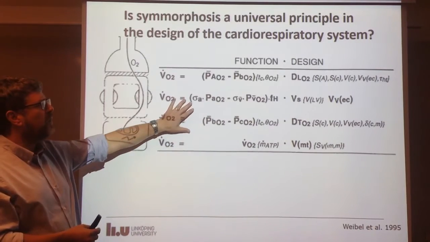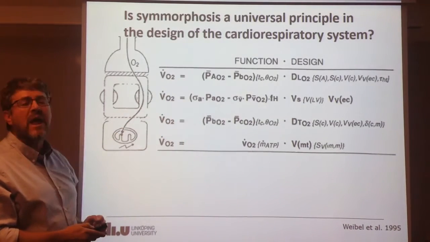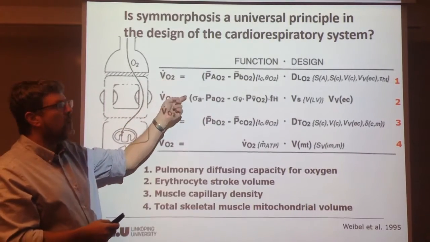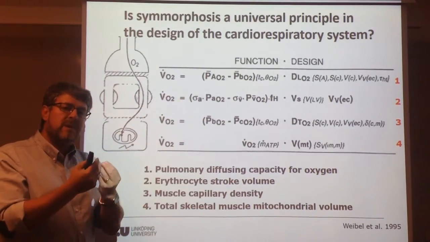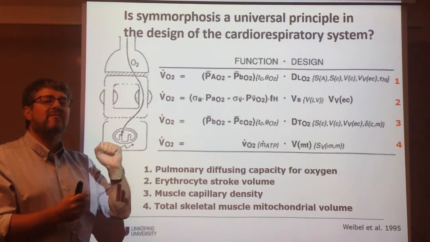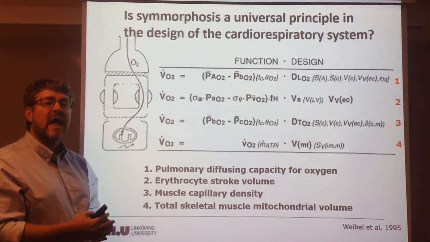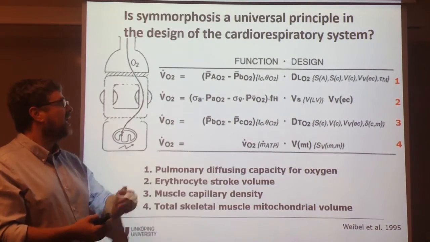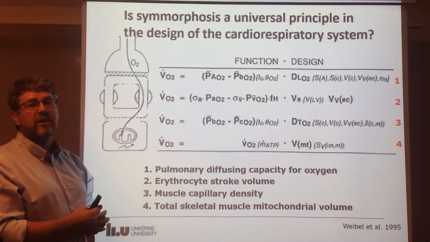I'm not going to get into the details of these four equations. The point is that each one of these equations narrows down to a structural measurement that can provide information on the transport capability across every single one of these steps.